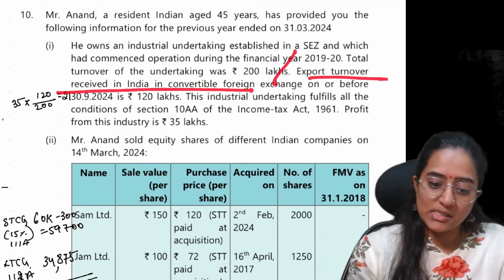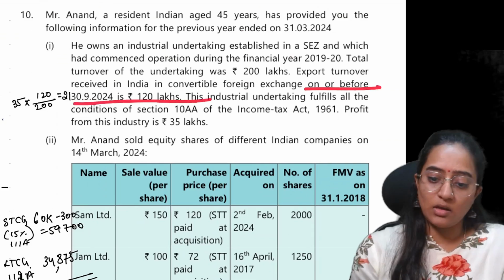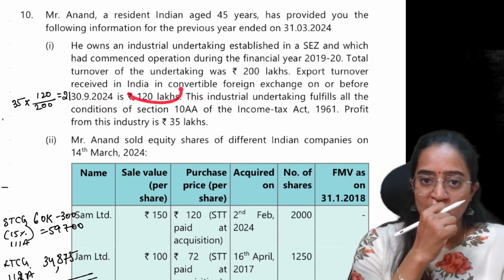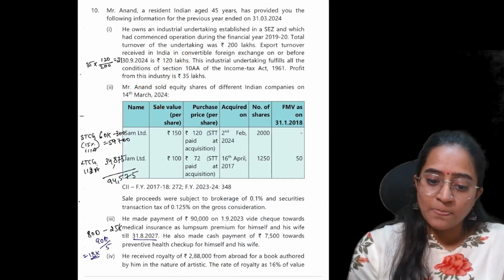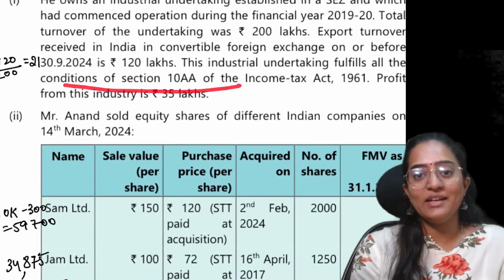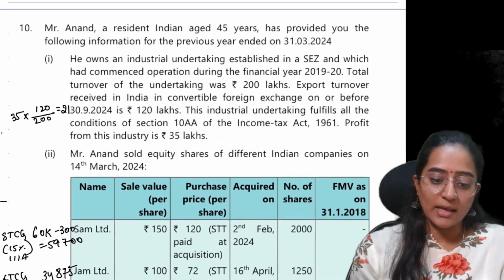Export turnover received in India in convertible foreign exchange on or before 30th September 2024 is 120 lakh. This industrial undertaking fulfills all the conditions of Section 10AA of the Income Tax Act 1961. Profit from this industry is 35 lakh.